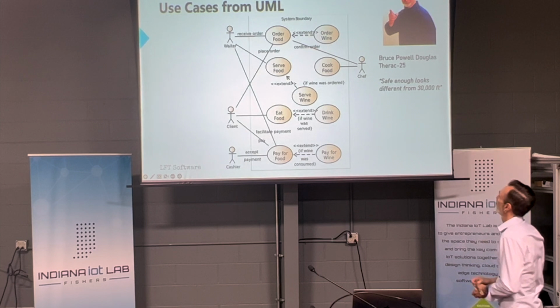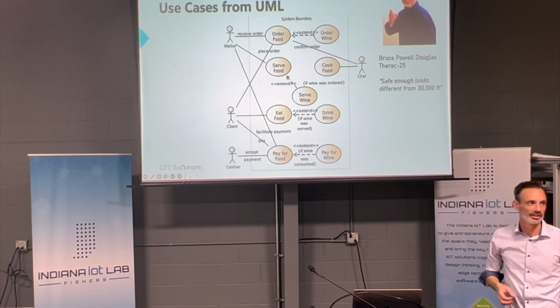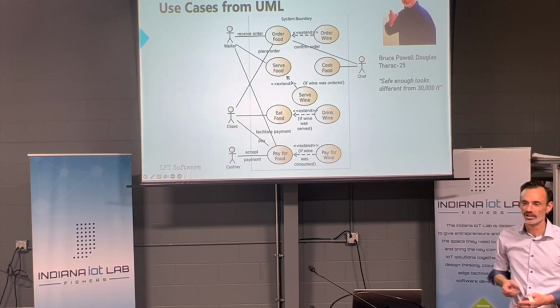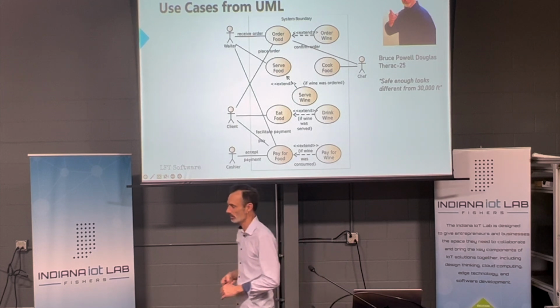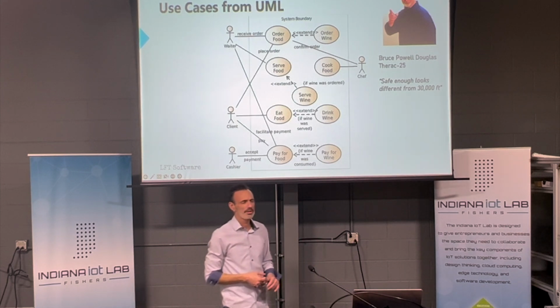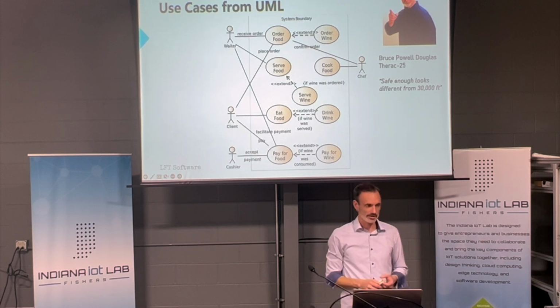So that's one of the authors. His name is Bruce Powel Douglass. Anyone familiar with Therac-25? No? All right, it's one of the worst software disasters in engineering history. I think it might have been during the 80s. It's one of the first things they teach you in safety critical software design.